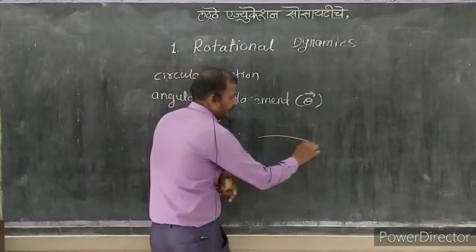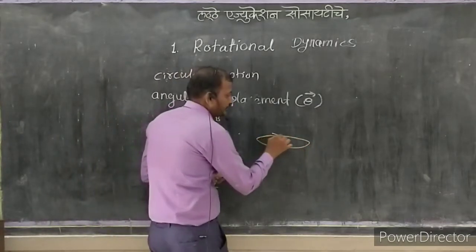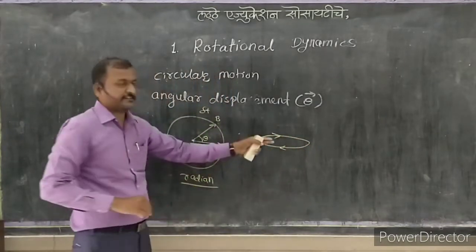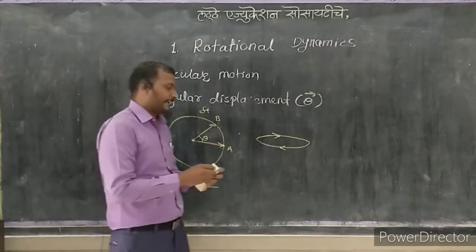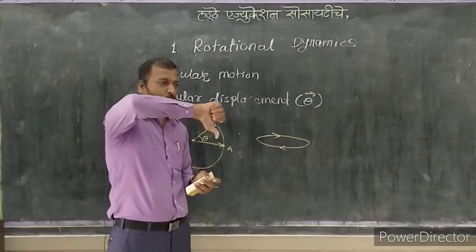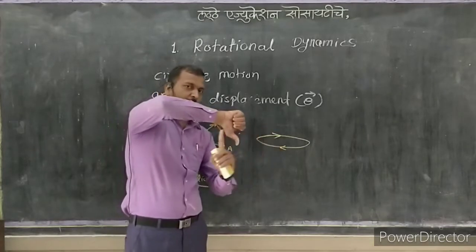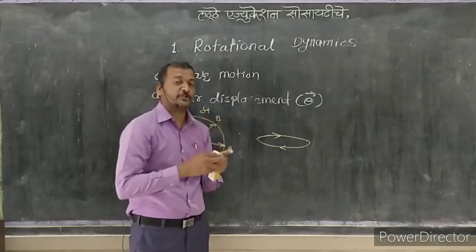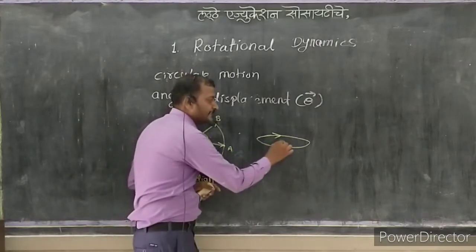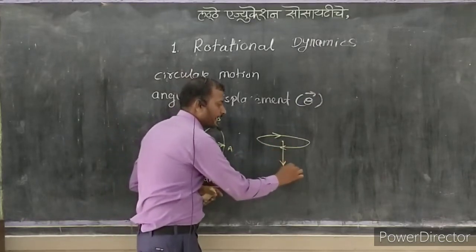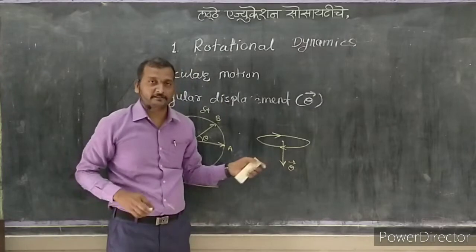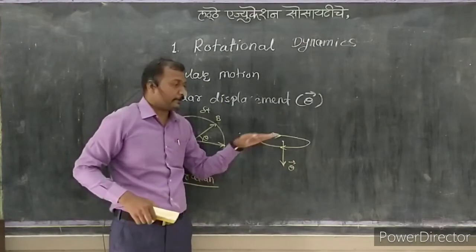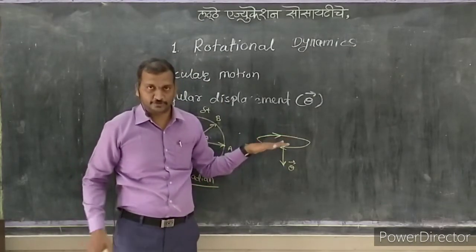Consider a particle in circular motion in a clockwise direction, then according to the right hand rule, the direction of the angular displacement is downward, which is perpendicular to the plane of the circular motion.